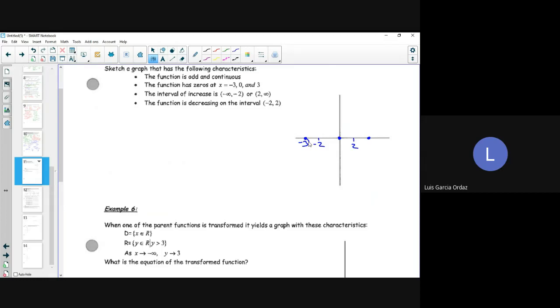Wait, 0 to -2? It's -infinity to -2, yes. So we would stop here, because that is an interval of increase. And what happens from -2 to +2?